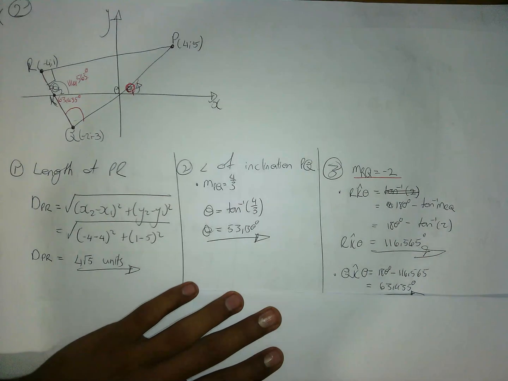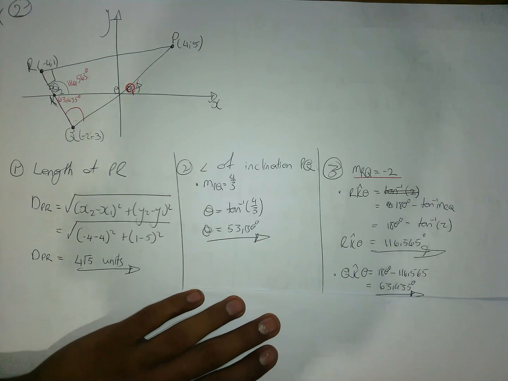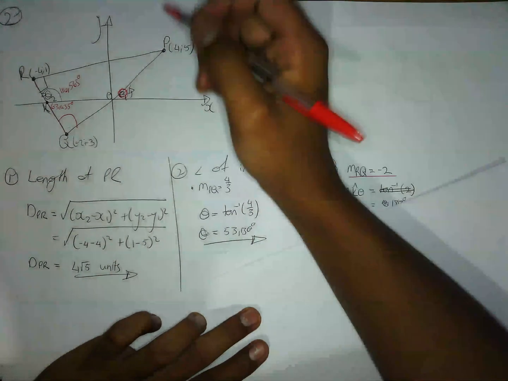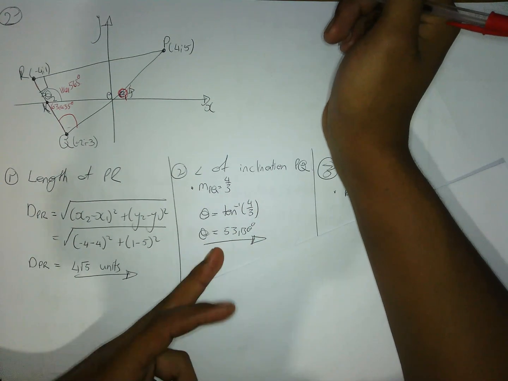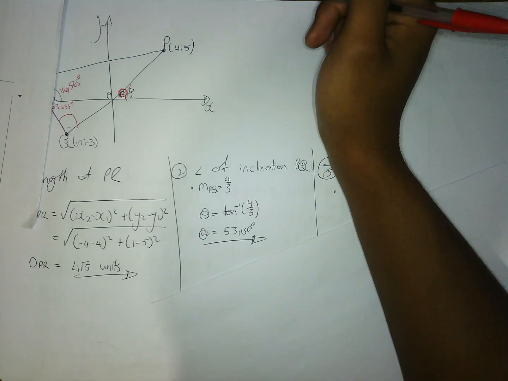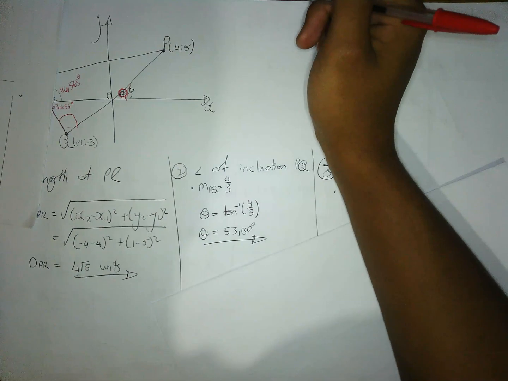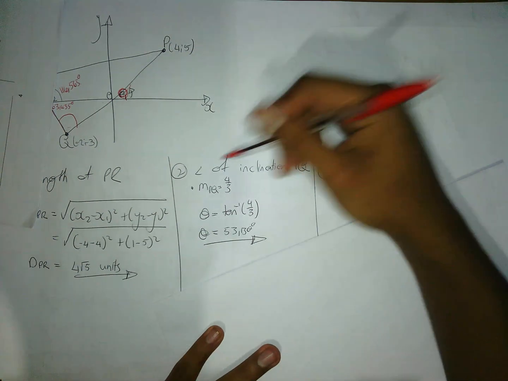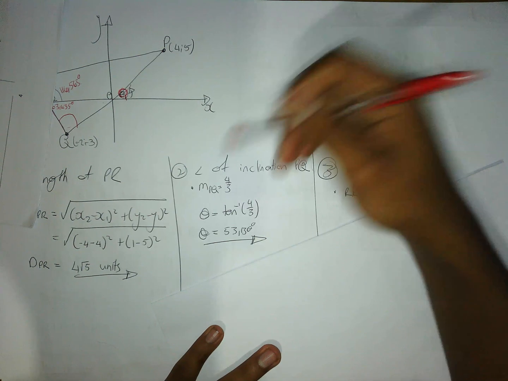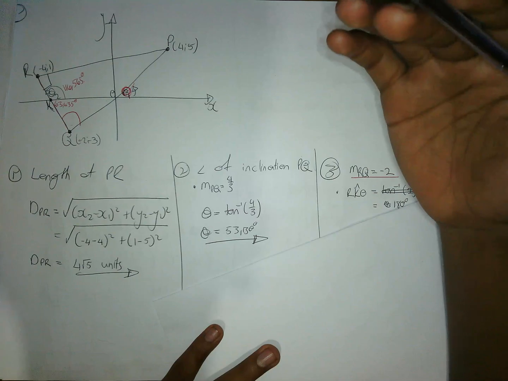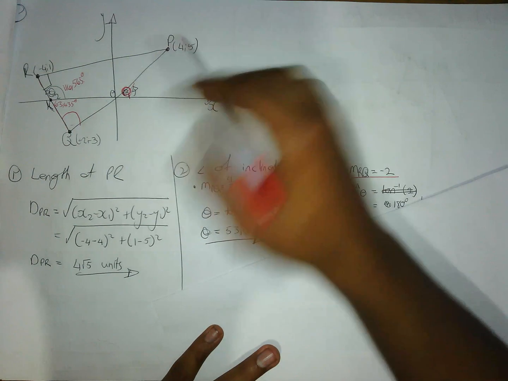I think I made a mistake in what I did, but okay, let's go on. I think I skipped the question. They said determine the size of the angle of inclination of PQ, if the gradient of PQ is 4/3. That's why my mind was confused, because I don't know this angle, but they asked for this angle.